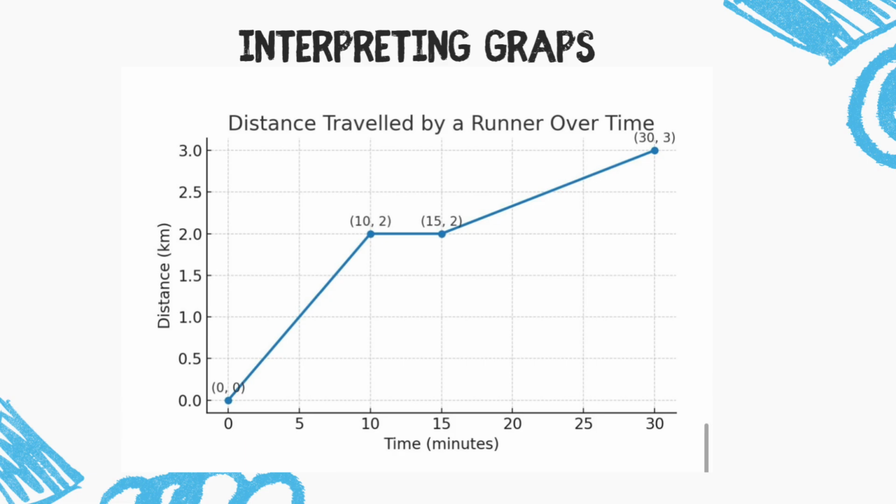This shows us that the runner is picking up his pace, but is not as fast as he was in the beginning. This also shows us that he is maybe jogging and is not covering the same amount of distance that he did in minutes 0 to 10.